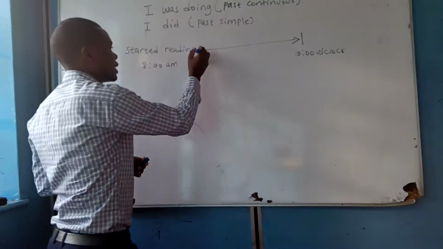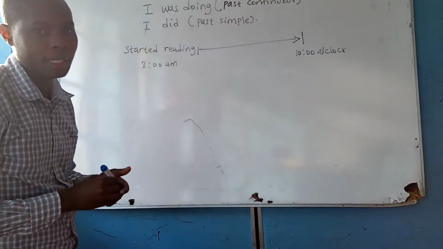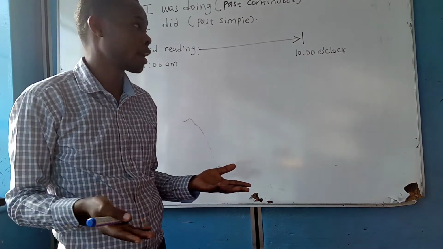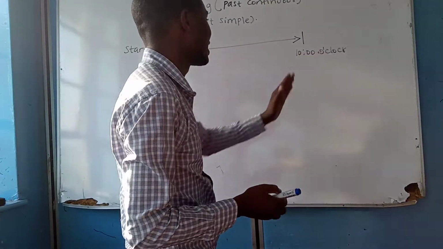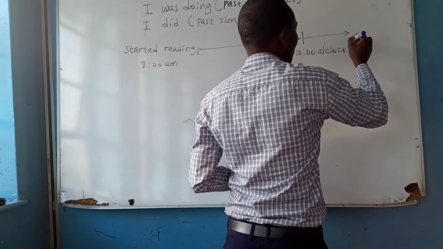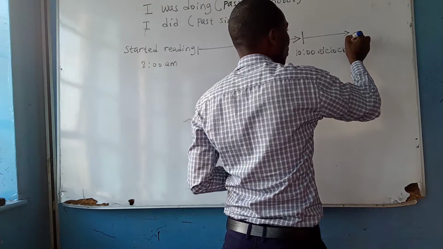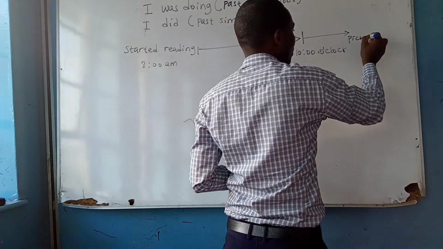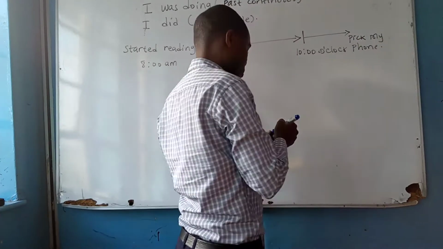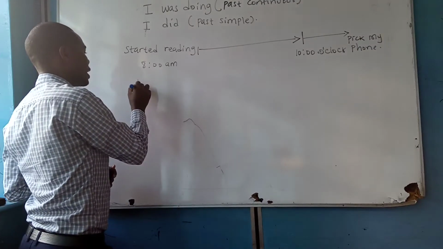I can say, maybe at 9 o'clock, I was reading. At 9:30, I was reading. Okay? So I stopped reading at 10 o'clock. Then I started something else, like maybe my phone rang and I stopped reading to pick up my phone. Alright? So between 8 o'clock and 10, I can say, I was reading.